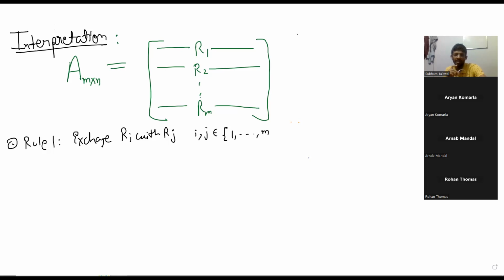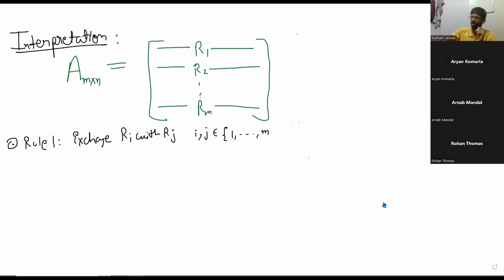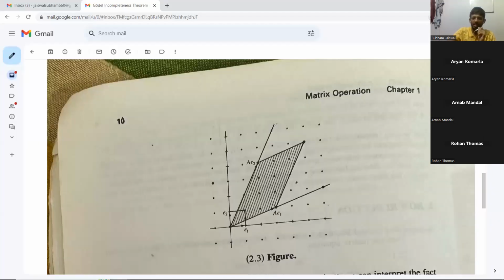But I can simply tell you what this picture means. What this picture is just saying is that you have a matrix A. Let's look at a 2 by 2 matrix. Again, we are slightly digressing, but hold on. Suppose you are looking at this matrix.